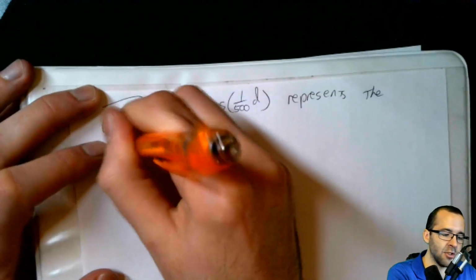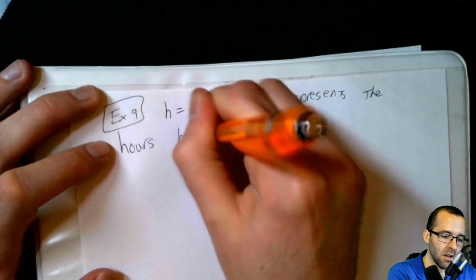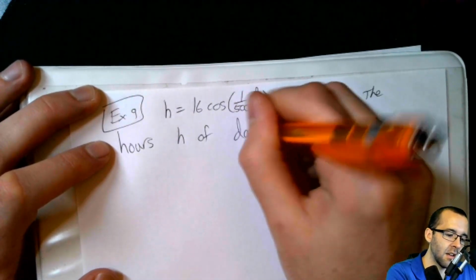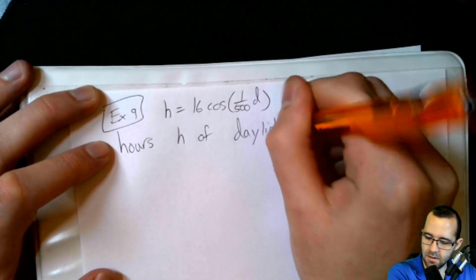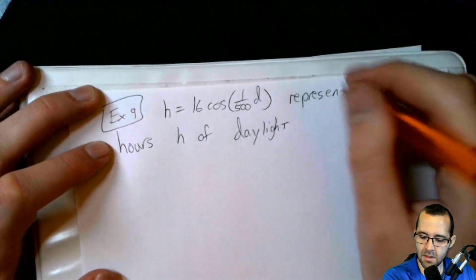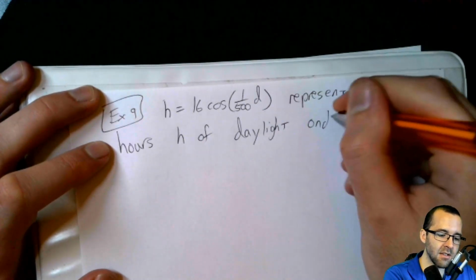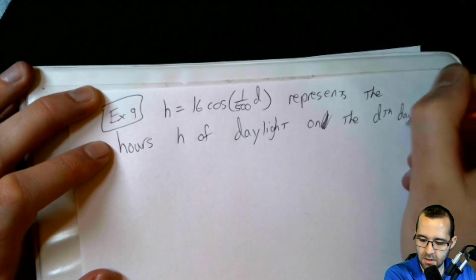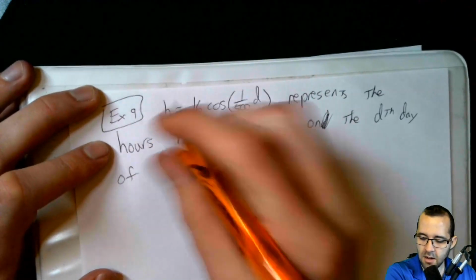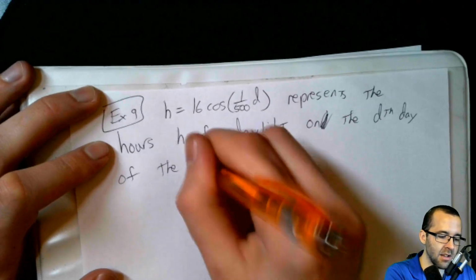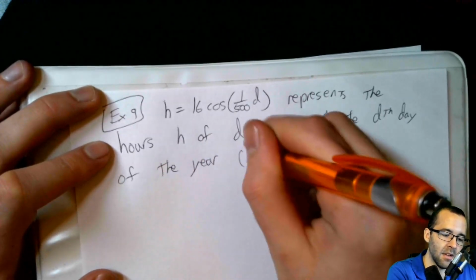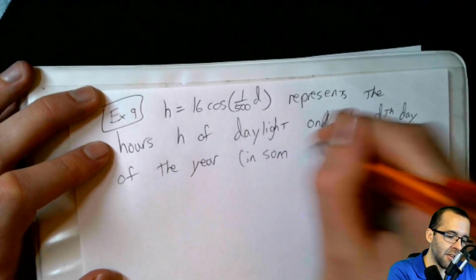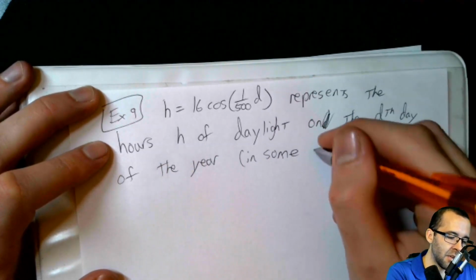the hours h of daylight on the dth day of the year in some city. Again, this depends on how north or south you are.